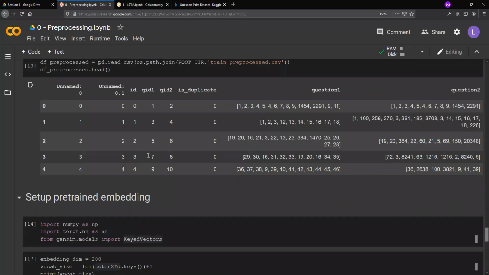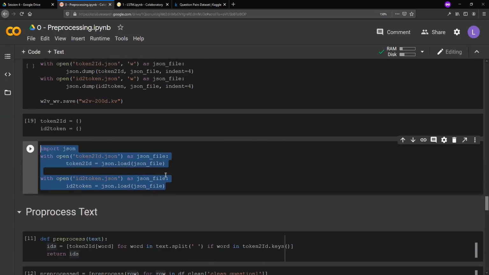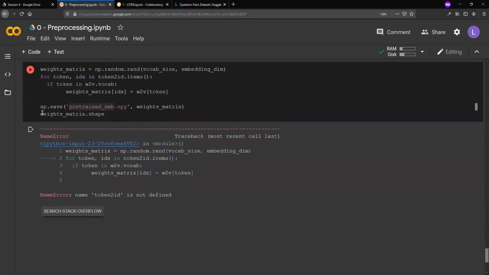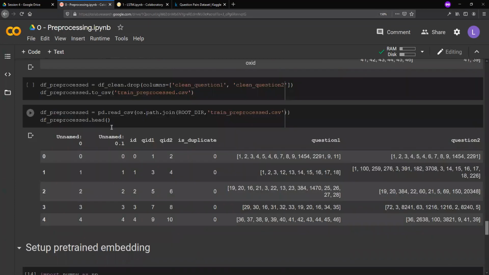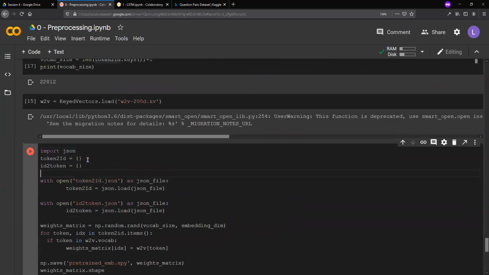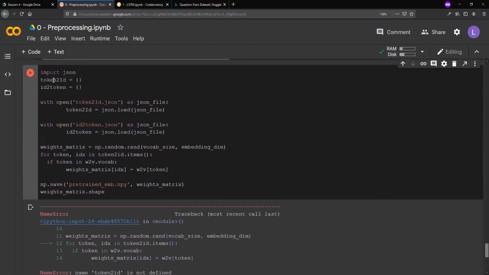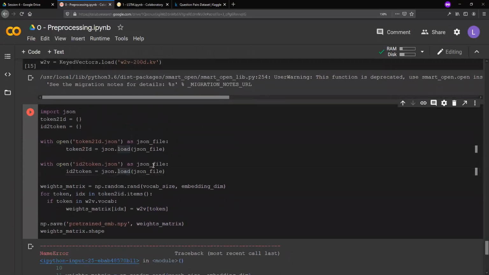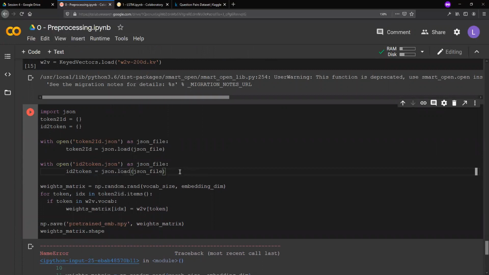Let me just reload it in this cell. I think I might have accidentally deleted it.